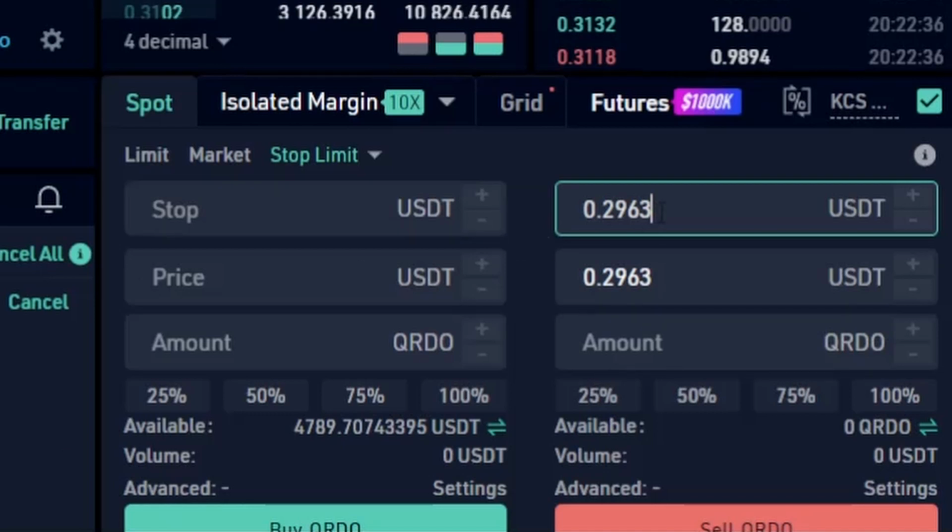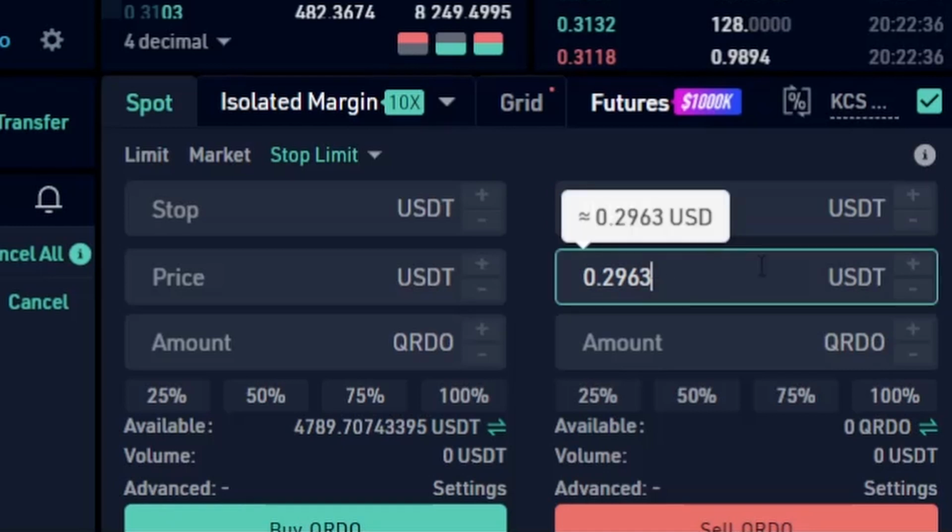It may only be able to fill some of my order, maybe only 1/10 of it, and the price of Credo just goes right down past that, and I'm still stuck holding a bunch of this coin that I thought I was going to get out of with this stop loss, right? So what you can do to avoid this slippage or give yourself a better chance of your stop loss filling is you can put a different price down here on the bottom one that's lower.